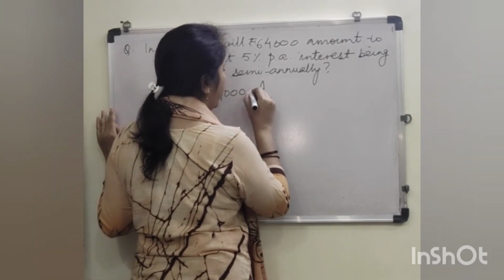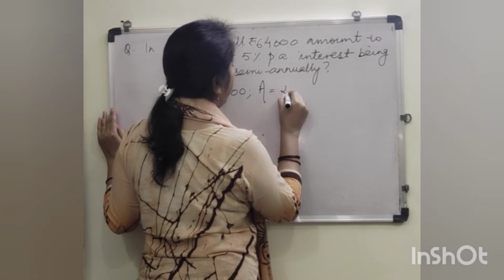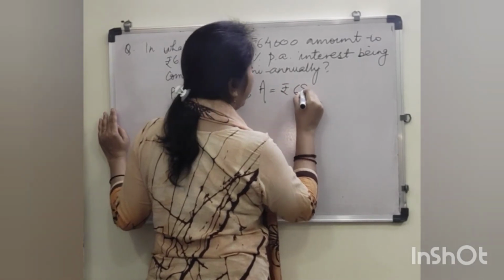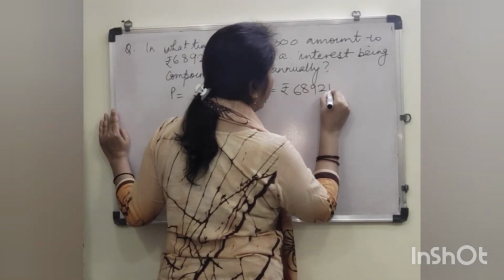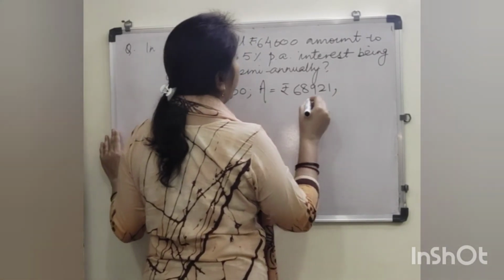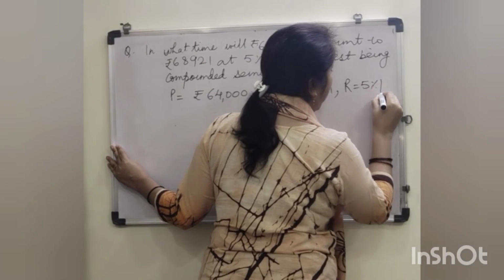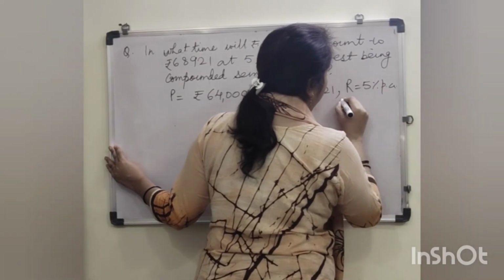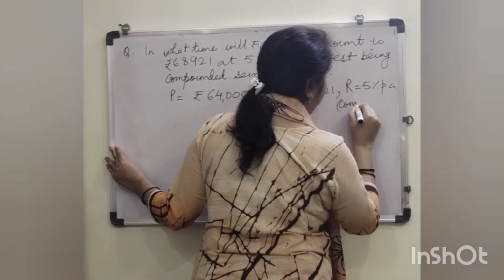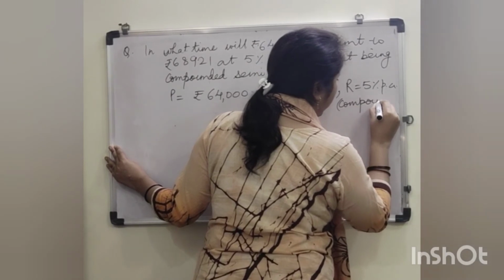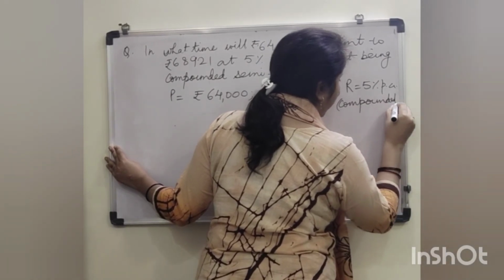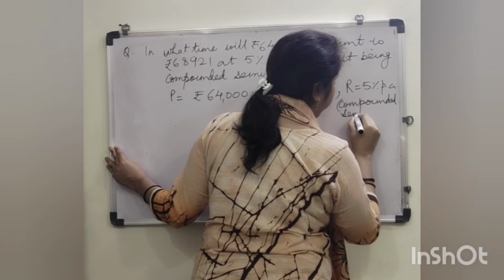Amount is given as rupees 68,921 and rate is 5% per annum compounded half yearly.